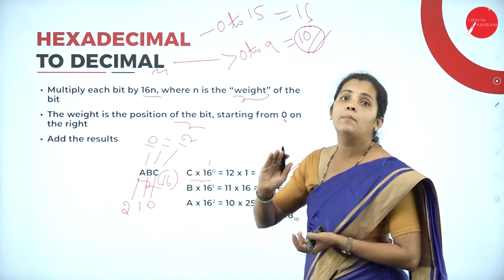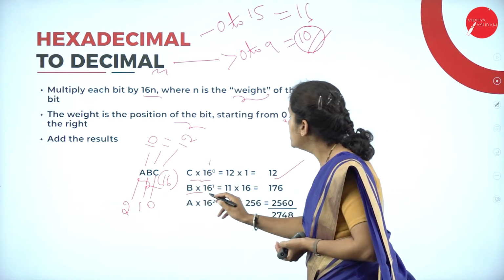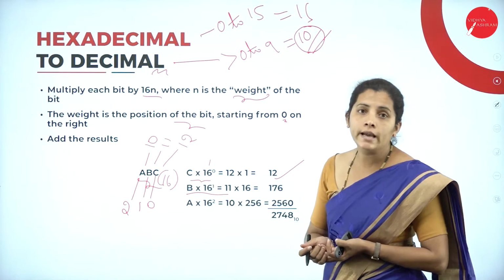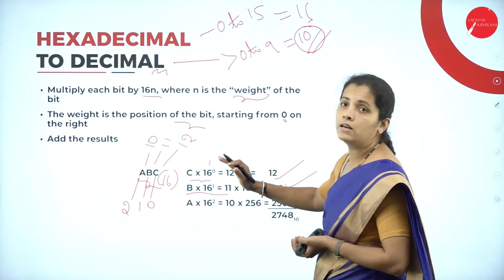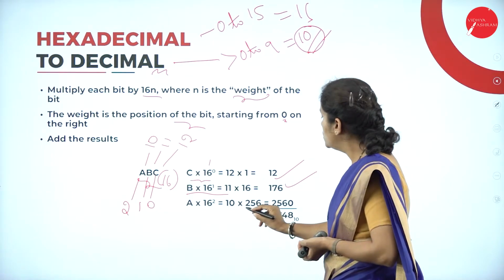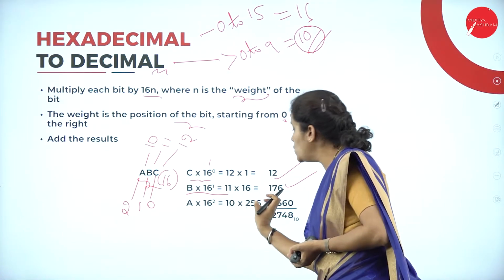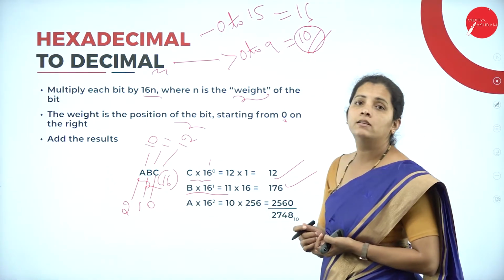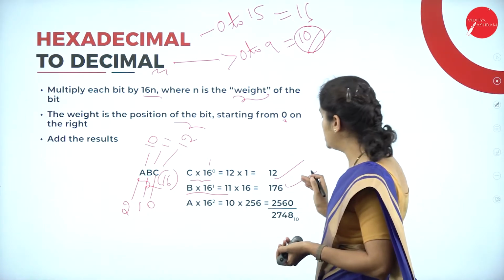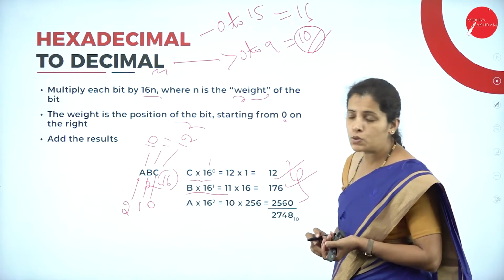Then 16 to the power 1, it is 16. 16 into 11, I'm going to get 176. 16 to the power 2, it is 256. I'm going to multiply 256 with 10. So I'm going to get 2560.